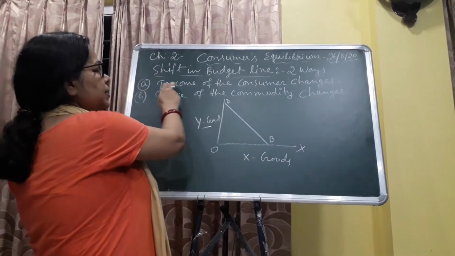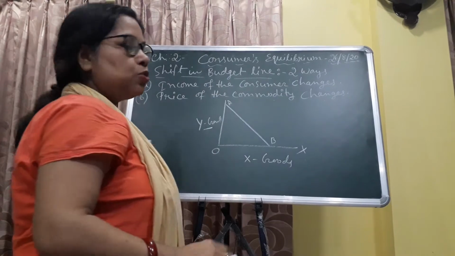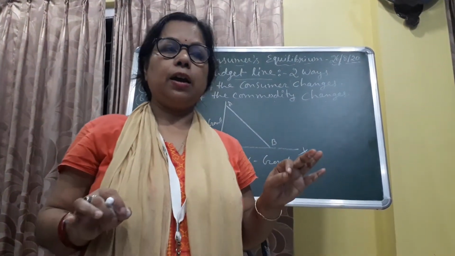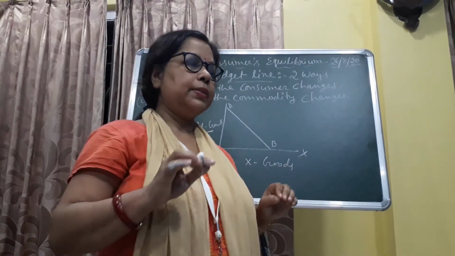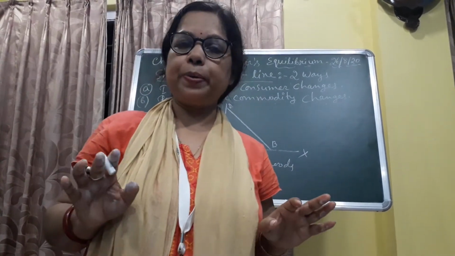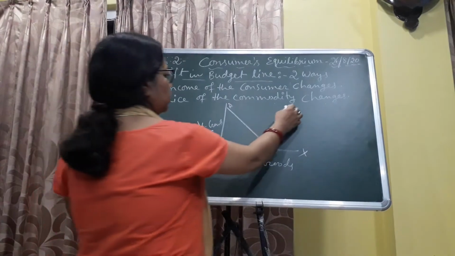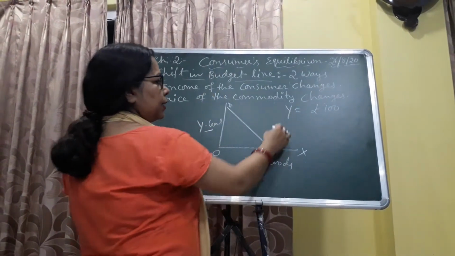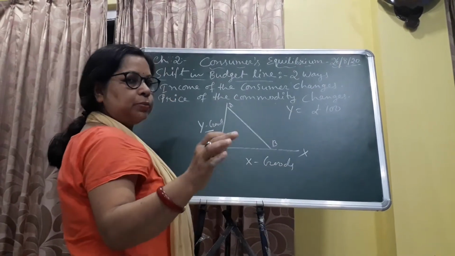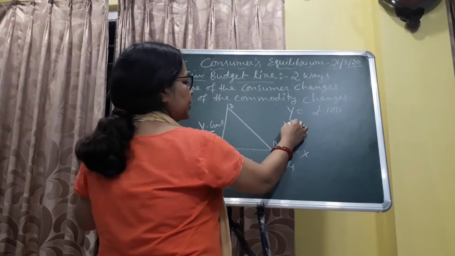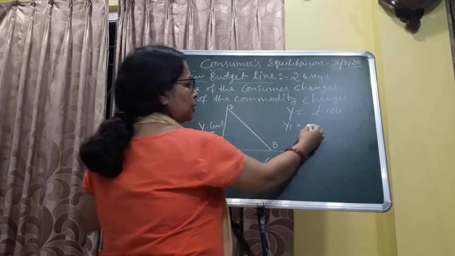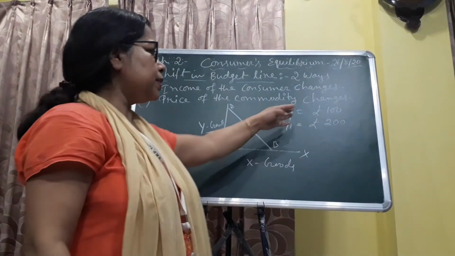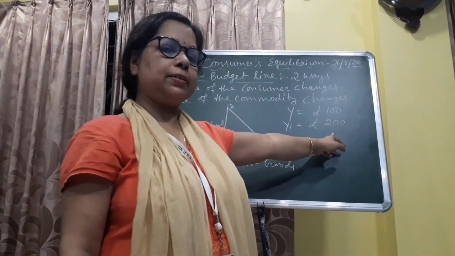First we assume that the income of the consumer is 100 rupees. Next we assume that the income of the consumer increases to 200 rupees. So income changes from 100 to 200.